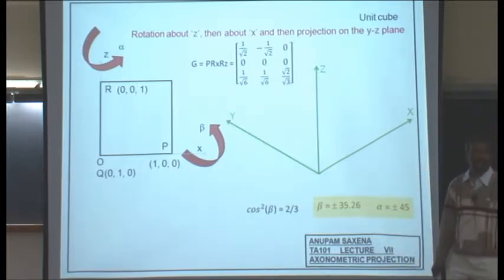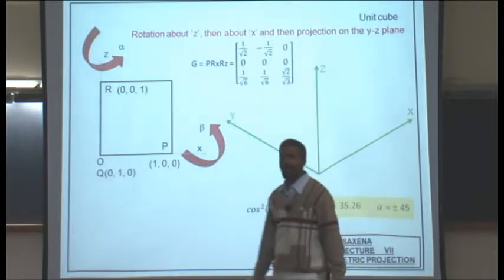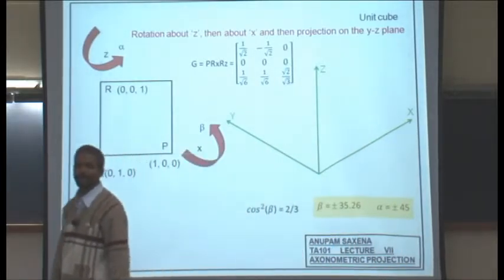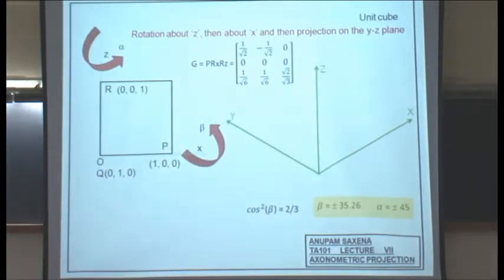What is the cosine of the angle? 30 degrees? Okay, that's how you get it. And likewise, if you consider Q, you will get 30 degrees on the other side.